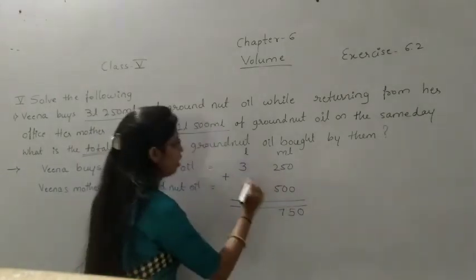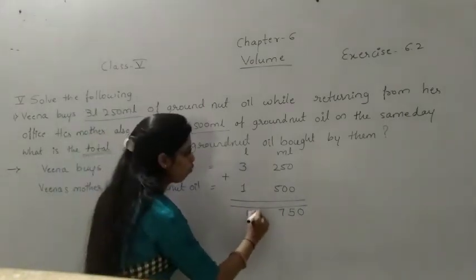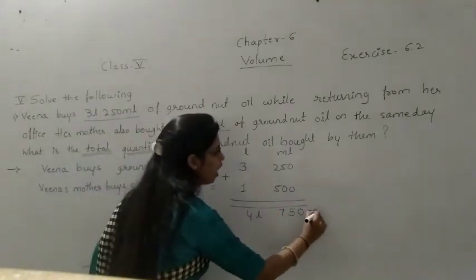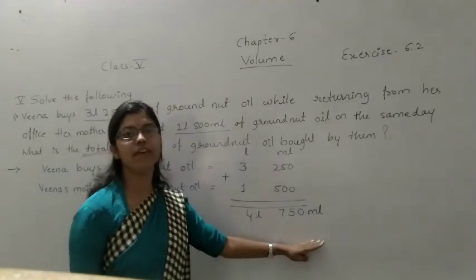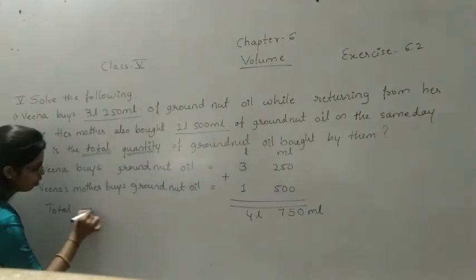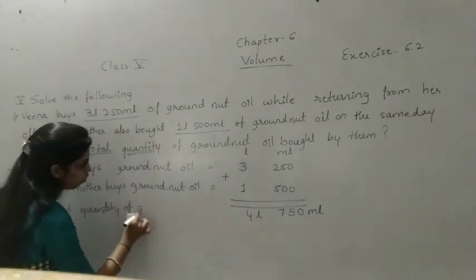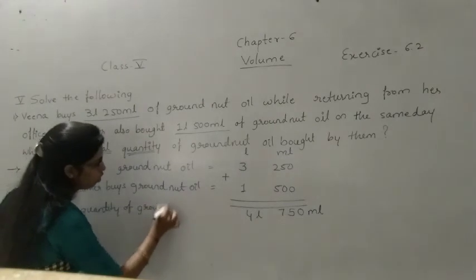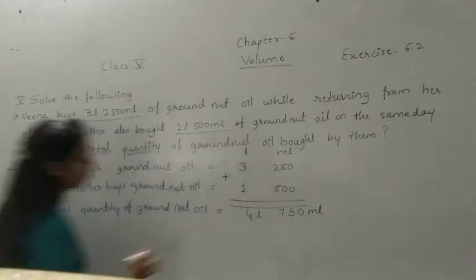So 4 liter 750 milliliter. The total quantity of groundnut oil is 4 liter 750 milliliter.